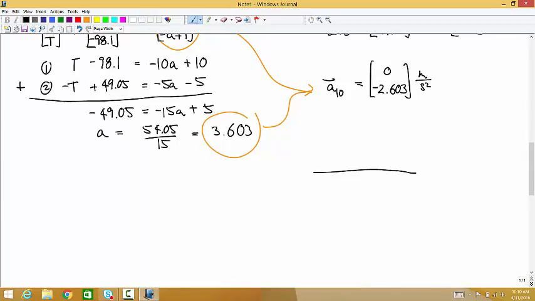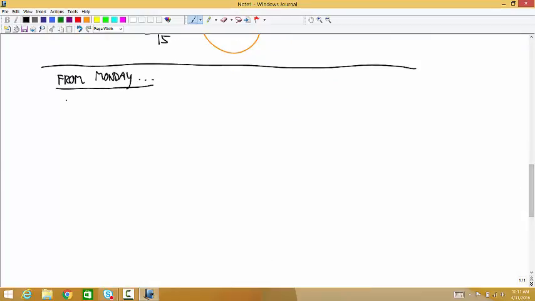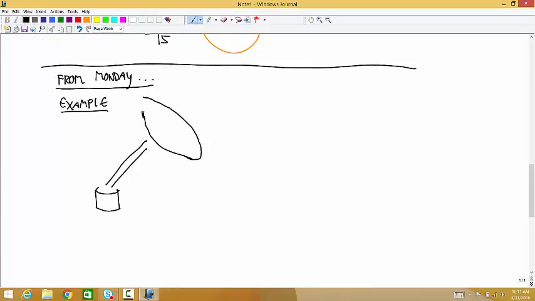So the last time we had class was Monday, and we were working on this. So we're going back to kinematics and kinetics of particles and rotating coordinate systems. We had a problem like this, where we had a disk.